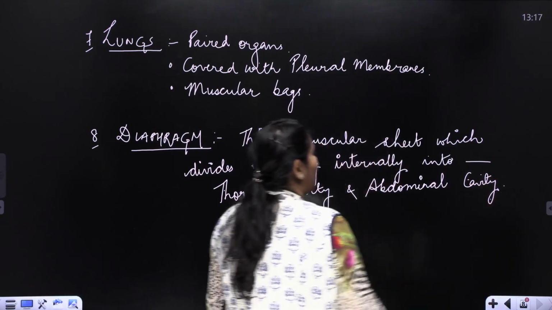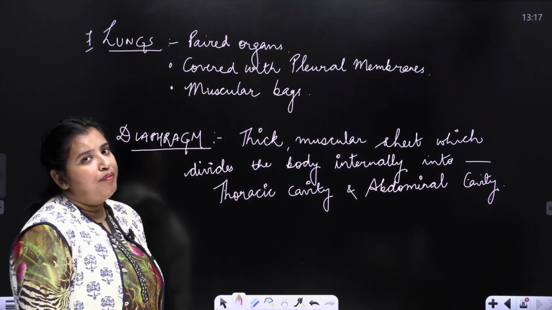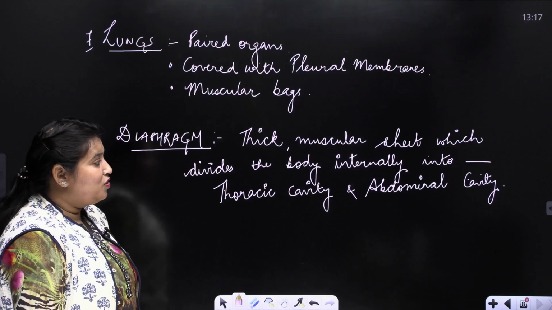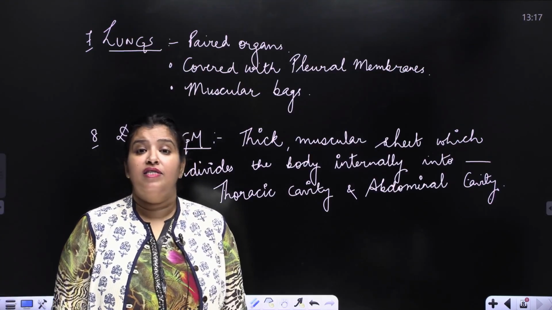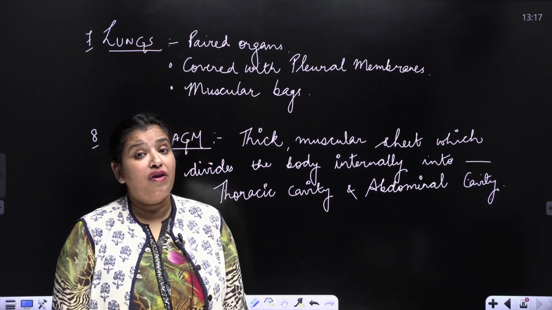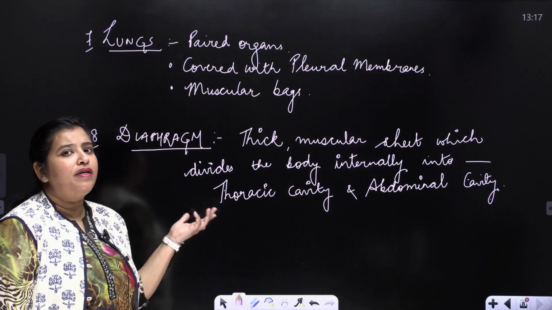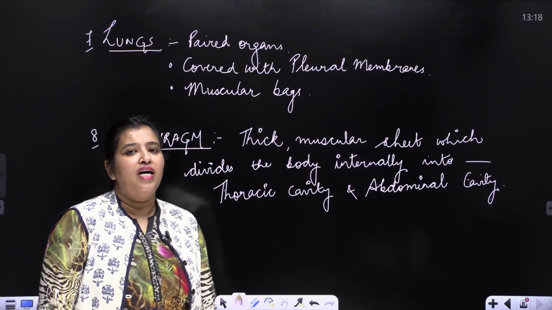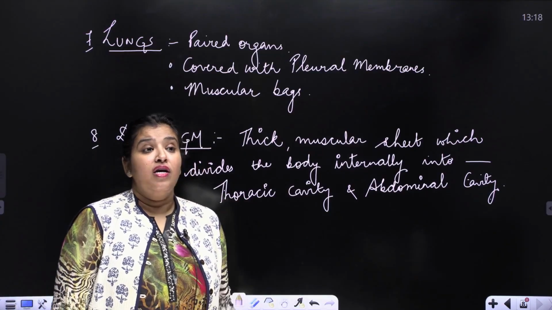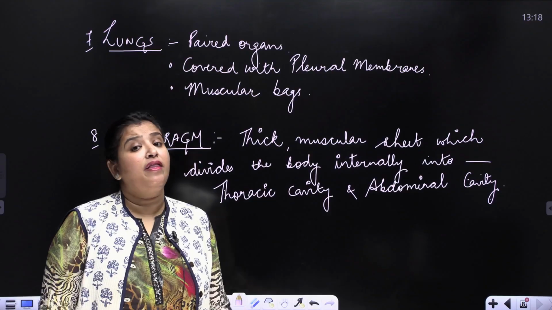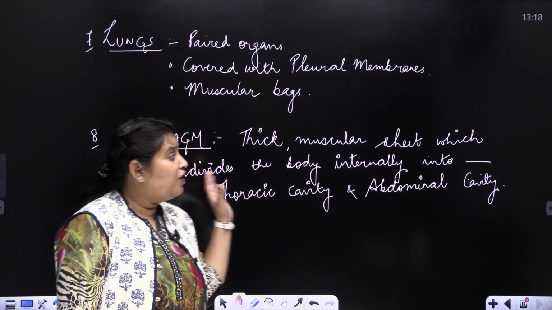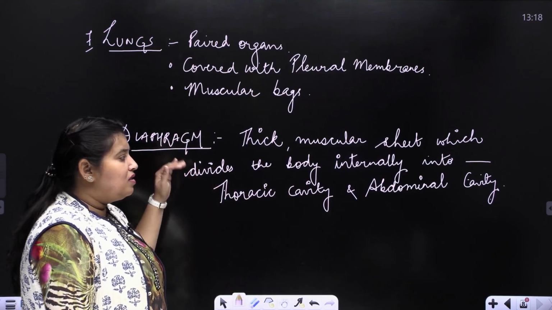So these are the two cavities which are present. All right. And these two cavities have been formed because of the presence of this diaphragm. Children, role of diaphragm is not only to divide the body internally, but it definitely has to do something with respiration. And that I will explain you when I take the steps of respiration in the next class. So for now, you need to revise this content.